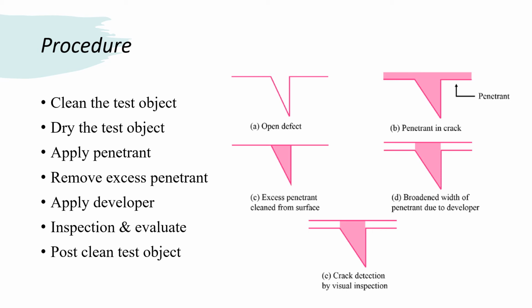Next is inspection and evaluation. Basically this is the last step. Here the process is scanning of the surface for the indication. The scanning may be carried out under visible light conditions or with ultraviolet light, and the defect recognition may be made with a human eye or with an automated optical scanner.